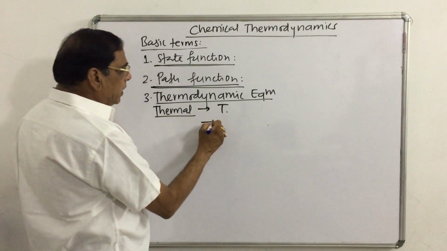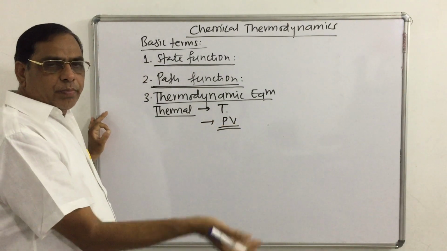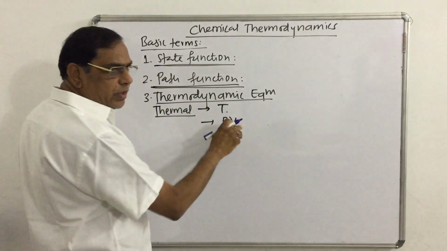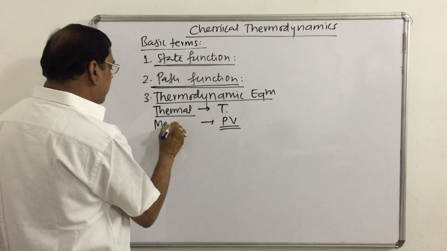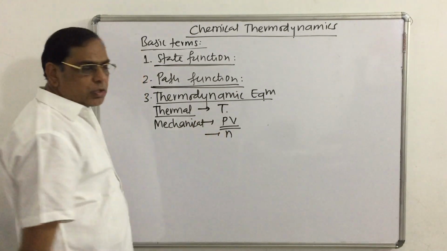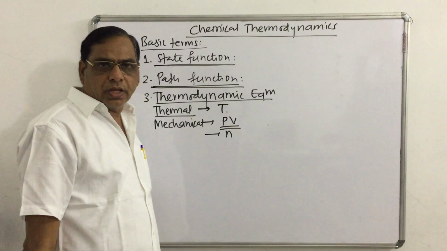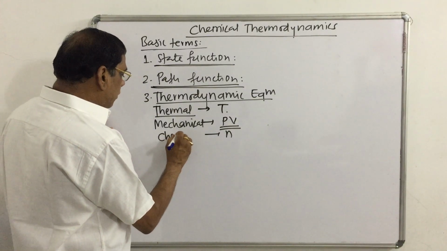If there is no mechanical work done by the system or on the system, that is the pressure and volume do not vary with the time, then the system is said to be in a mechanical equilibrium. And if the number of moles or chemical composition is constant and does not vary with the time, then the system is said to be in a chemical equilibrium.